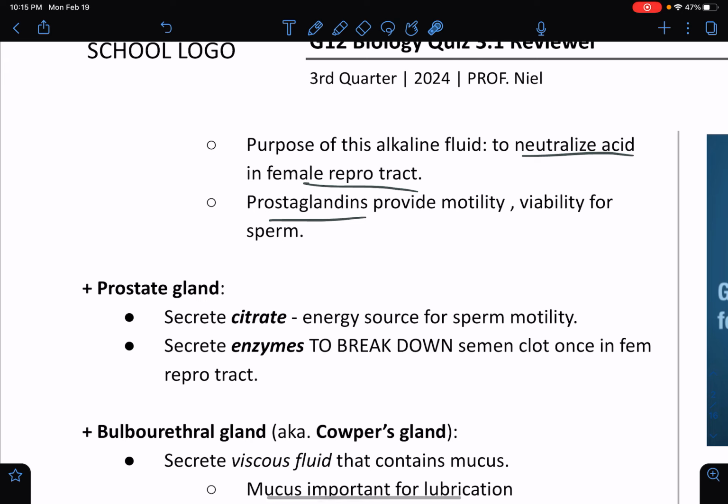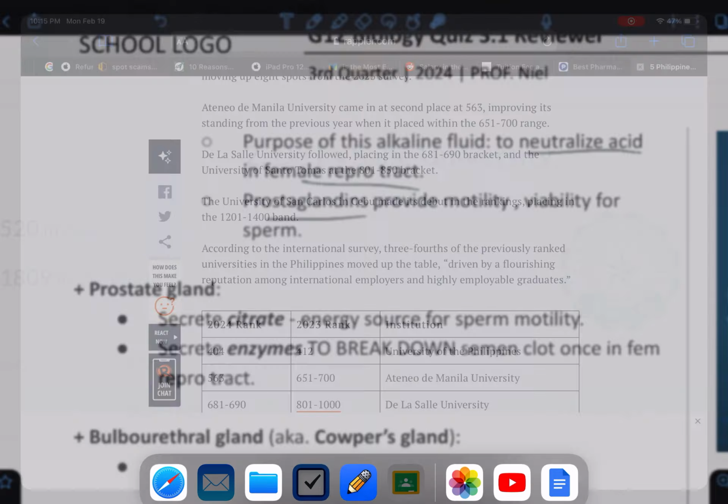And the enzymes specifically break down the semen clot once they are in the female reproductive tract. From there, it is implied that there's a tendency for sperm cells to clot, which is not a good thing by the time that they reach the female reproductive tract. Let's make sure that's true.